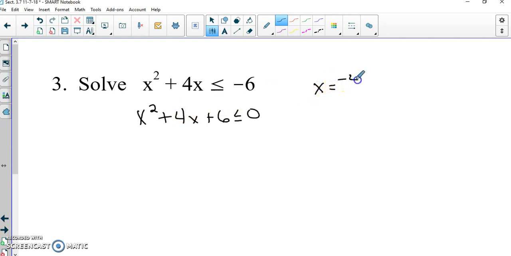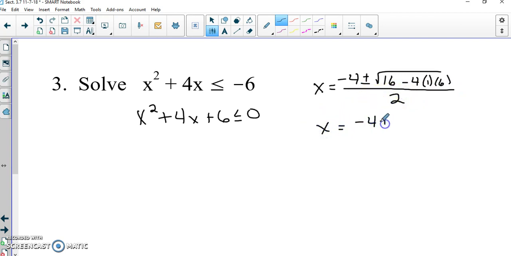Negative 4 plus or minus the square root of 4 squared, which is 16, minus 4 times 1 times 6, all over 2a, which is just 2. So I get negative 4 plus or minus... All right, what do I end up with? I end up with the square root of negative 8 over 2.